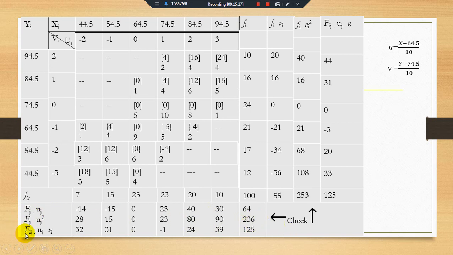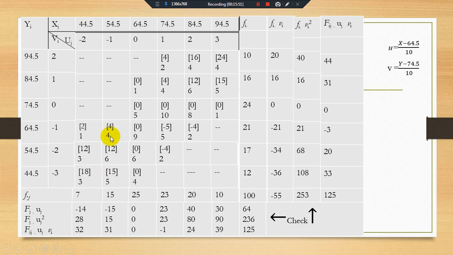And now you have to multiply fij, uj and vi, and now you have to sum the bracket values: 2, 12, 18. It is equal to 32. 4, 12, 15 bracket.